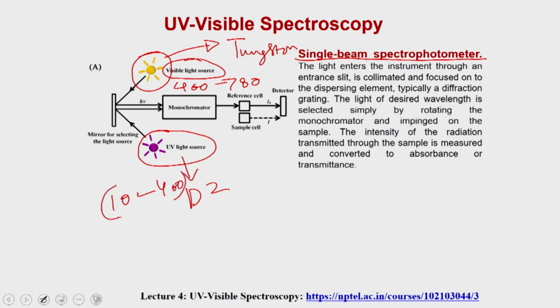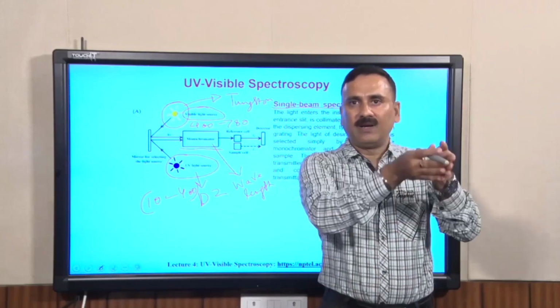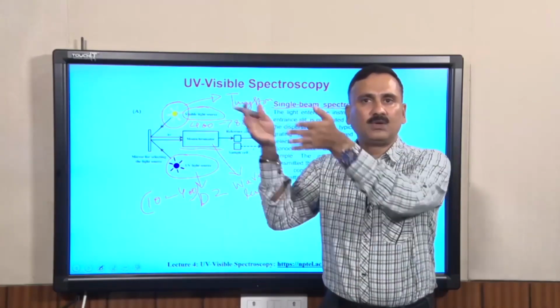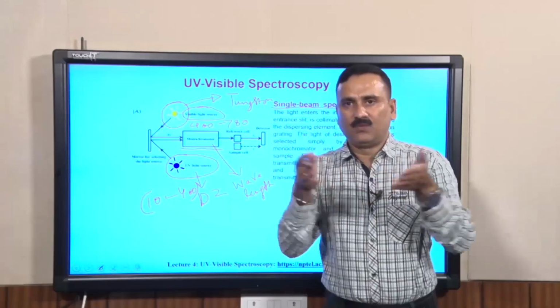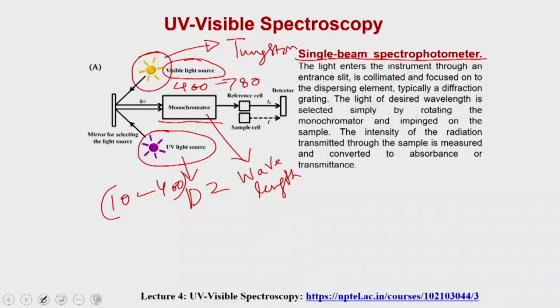Next to that you have a monochromator. The monochromator gives you the flexibility to use a particular wavelength, or a set of wavelengths. The monochromator can scan or give you the range of 190 to 400 or 400 to 600, or whatever range you would like to select. Then next to that you have the reference cell or the place where you can keep the samples.